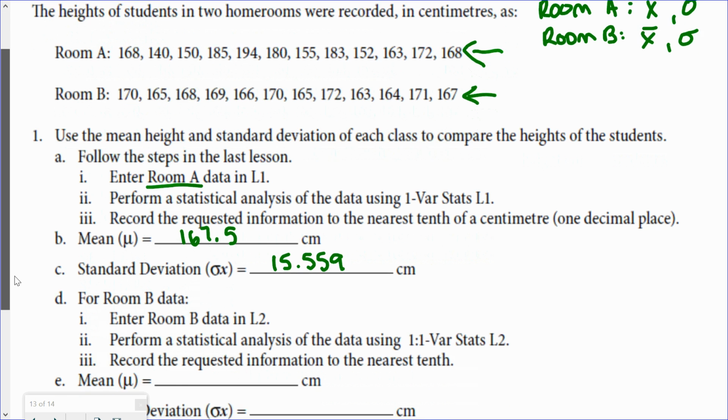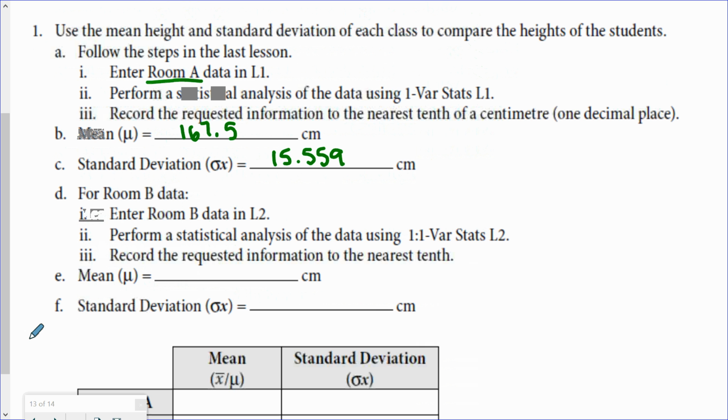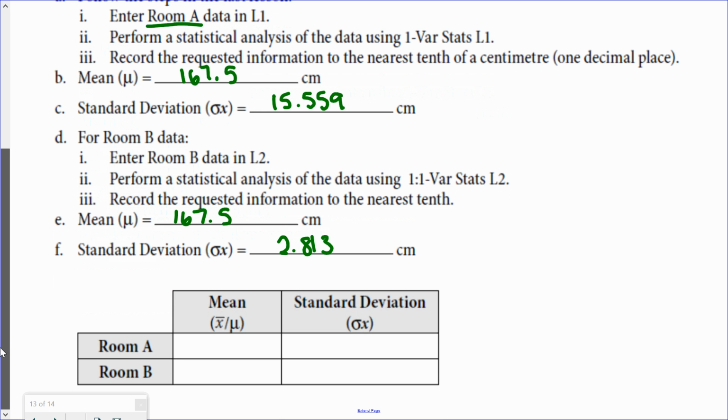For room B data, the mean was 167.5, so it had the same overall average, but the standard deviation for this one was 2.813. We get ourselves a little chart there.